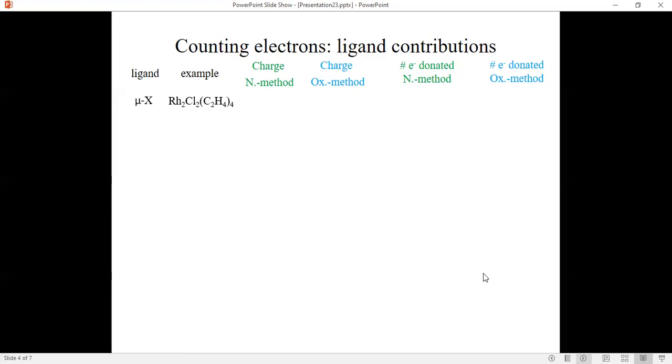So what is the charge of the neutral atom method? 0. It's always 0. Think about what is the charge in the oxidation state method. -1. Let us see if this is correct.